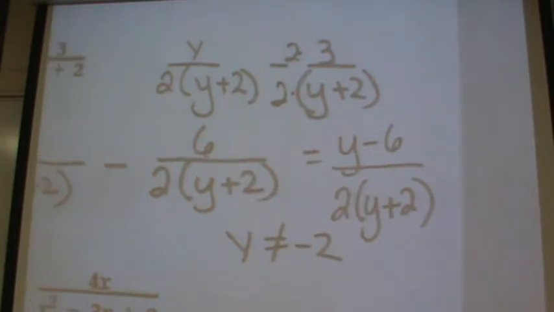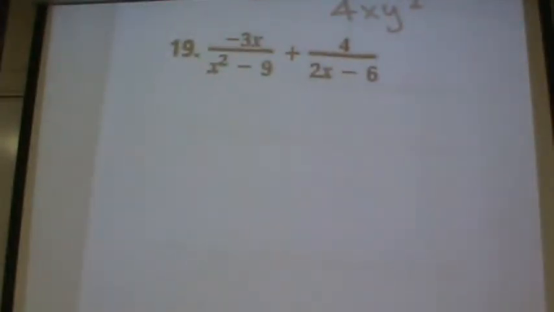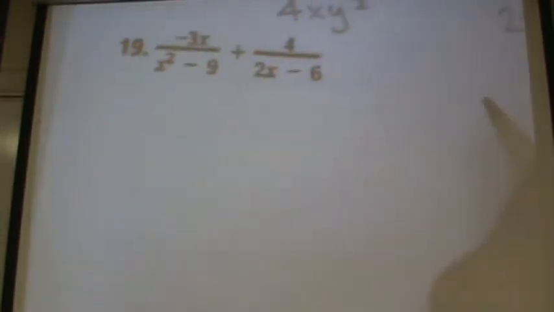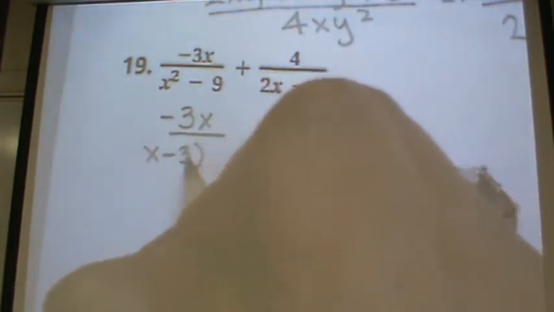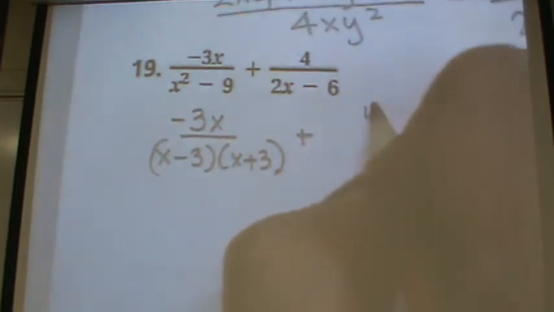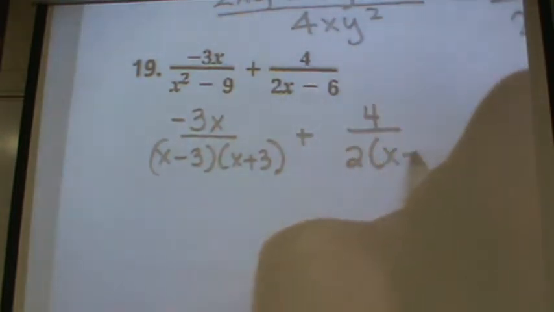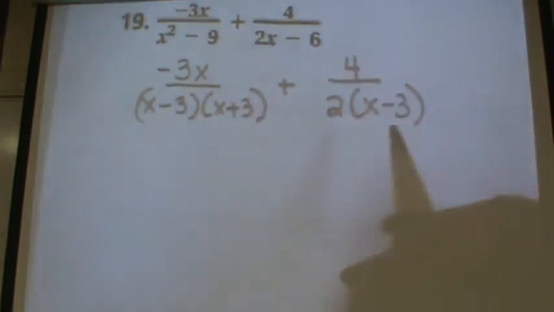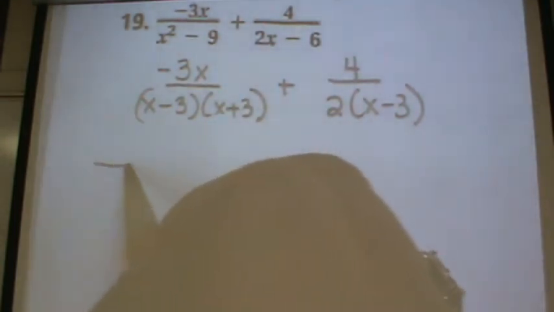Okay, 19. What should you do? Factor what? Two times x minus 3. Can you tell me what the common denominator is?